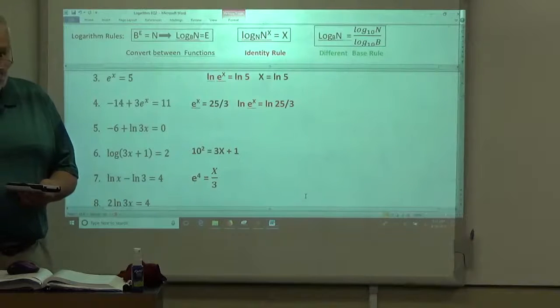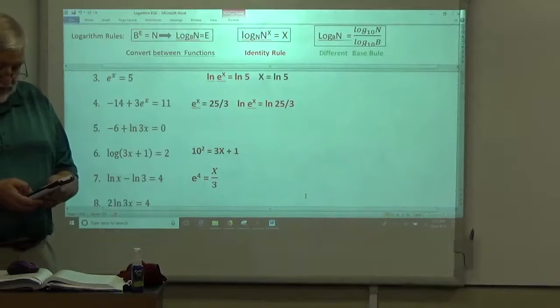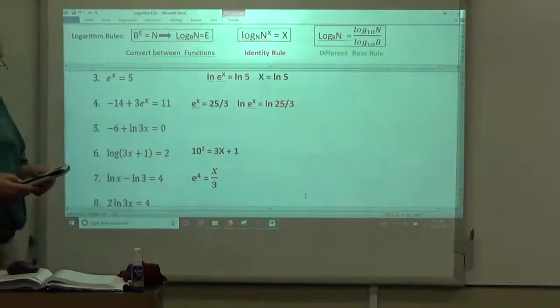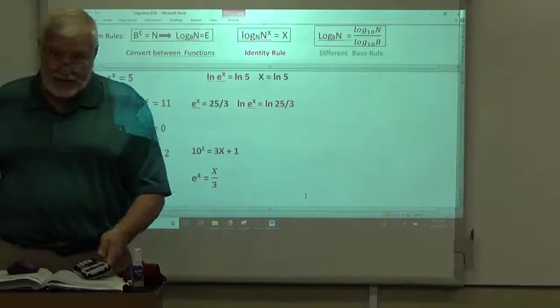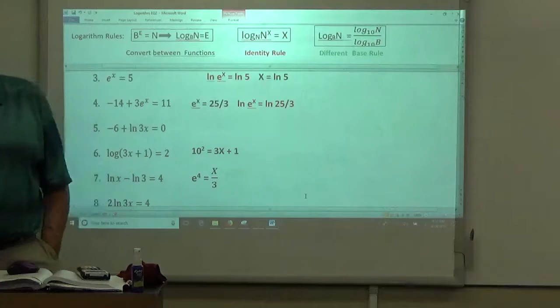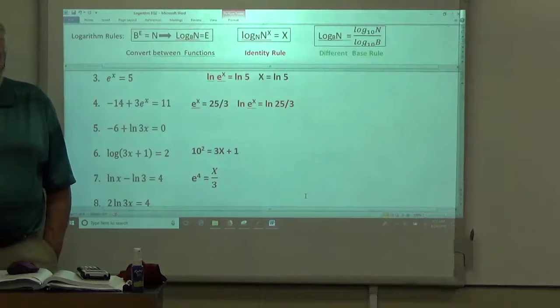No, I got it. Okay, so now we're going to put in 1.609. We're going to raise e to that 1.609 power, and when you press enter, you get 4.997 is what my calculator says. Okay, how come I didn't get 5? Because we didn't use the whole decimal place.